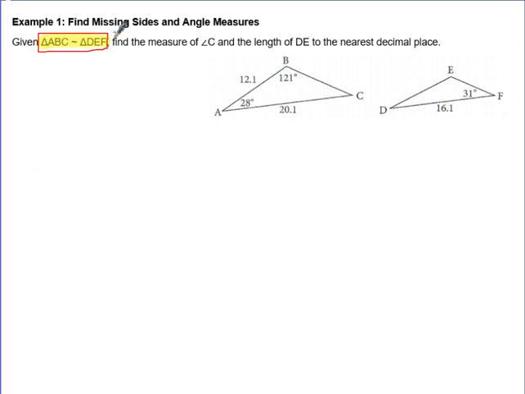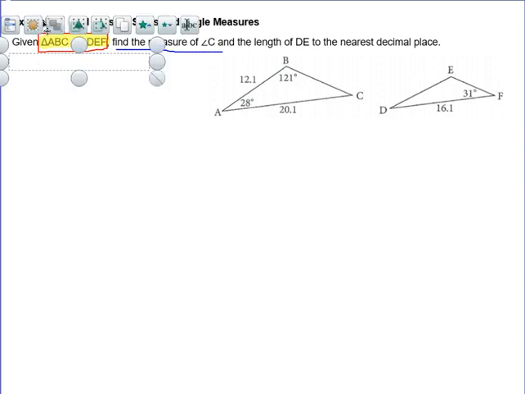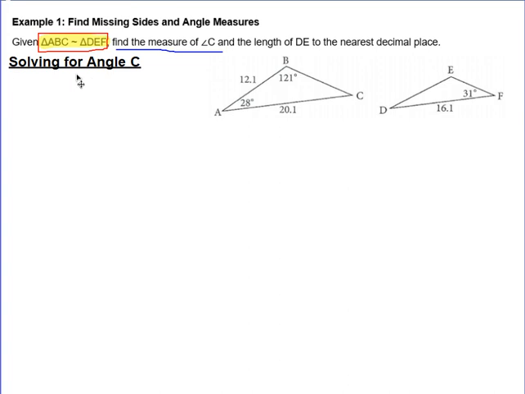That's what they've said. So first, find the measure of angle C. So let's put maybe a little header here and say, okay, solving for angle C. Here we go. And angle C is only in triangle ABC. Of course, it's this one right here. So we're not really looking at triangle DEF just yet. Or maybe we are. If you notice, we have angle B, which is 121, and angle A, which is 28. So a third angle in any triangle, right?